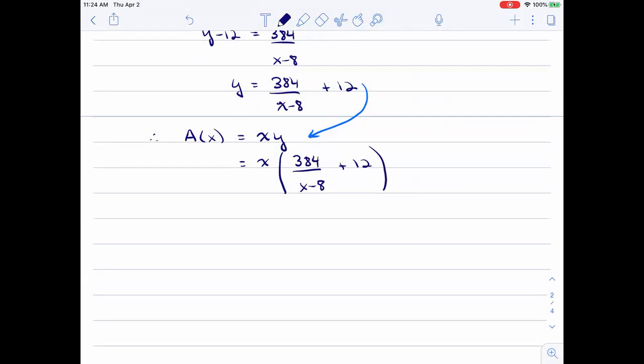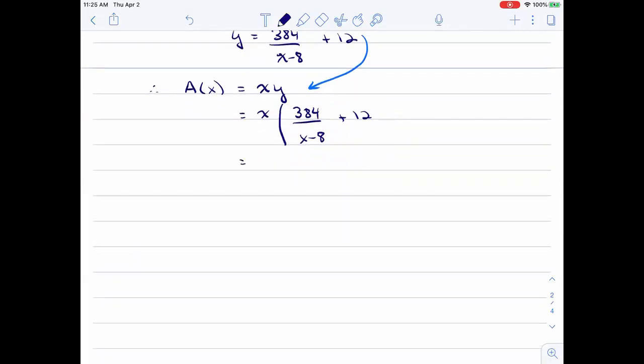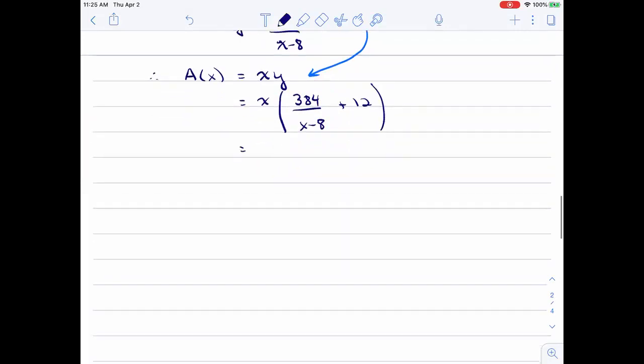So now this is how I'm going to get the area just as a function of x. Now I've got this area function. I can expand this x in here, make it a little bit nicer to look at. Not a lot nicer, but a little bit. So I get 384x over x minus 8 plus 12x.